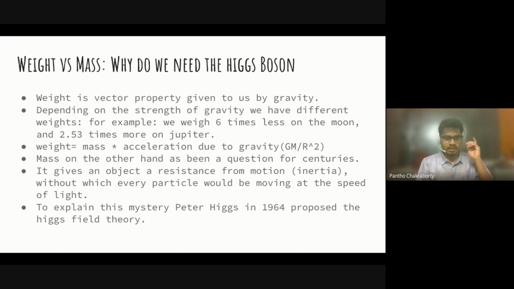So more mass is basically more inertia. It restricts motion. But what gives an object mass? That has been a question for centuries. To explain that mystery, Peter Higgs proposed the Higgs field theory in 1964. Next slide.